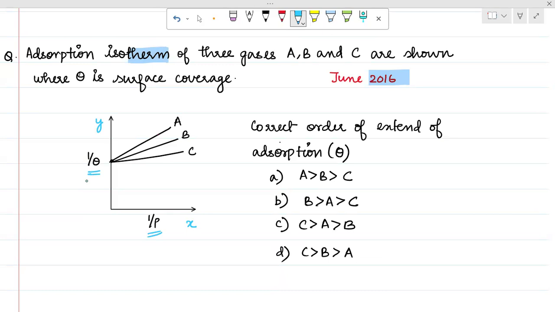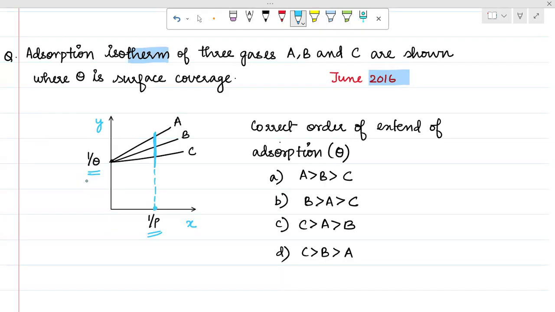Now let's say that I am fixing the value of pressure. So for any constant value of pressure, I will be having a constant value of 1 by P, right? So let's say that this is my constant pressure that I'm taking, any value. So I'm fixing this value.